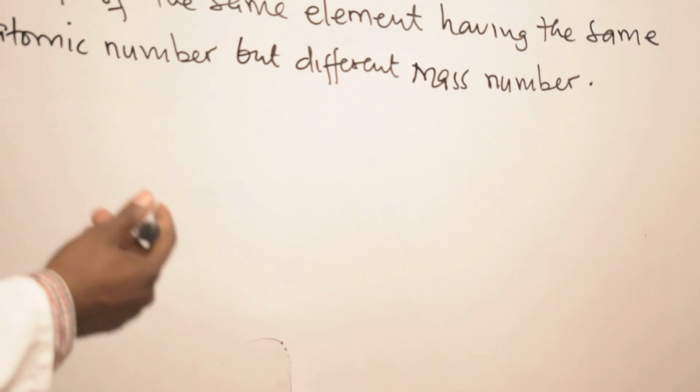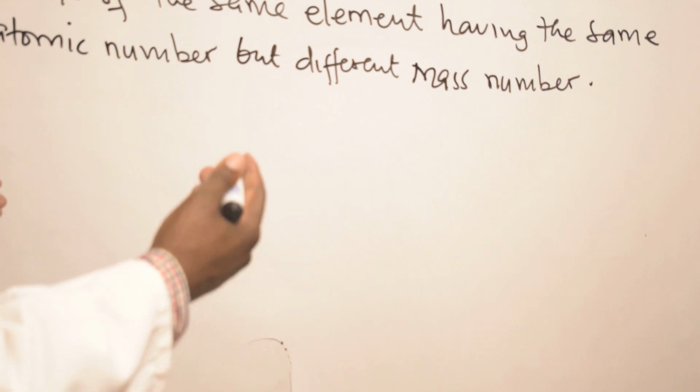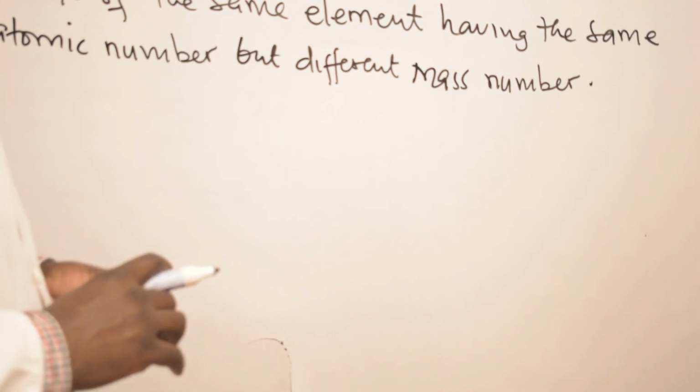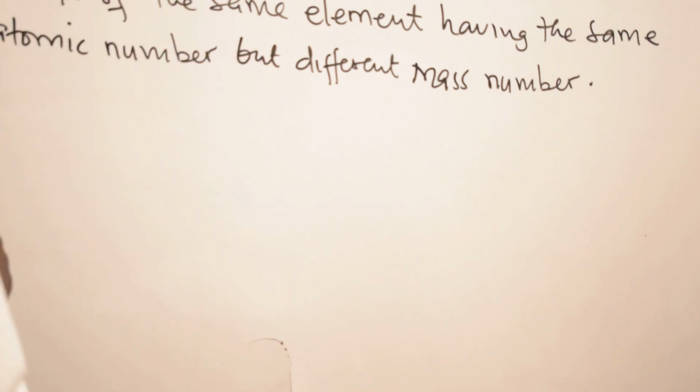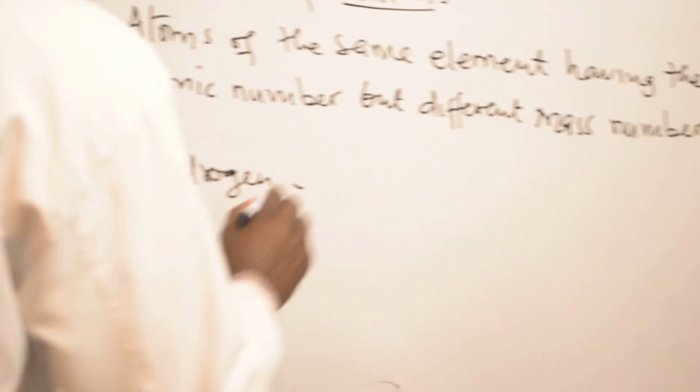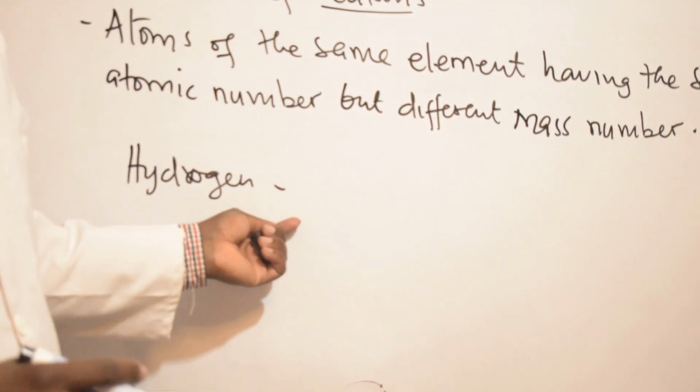Now, maybe let's think about a representation that may actually tell you that indeed those are isotopes. Think, for example, about hydrogen. Hydrogen has a number of isotopes.